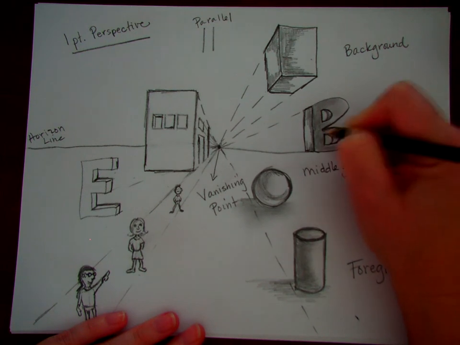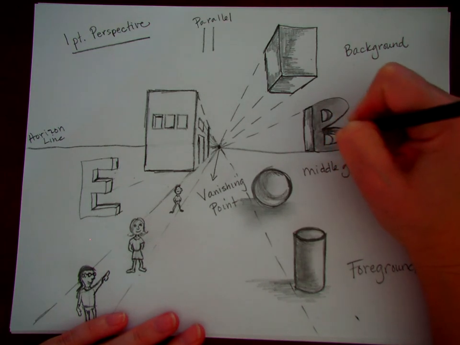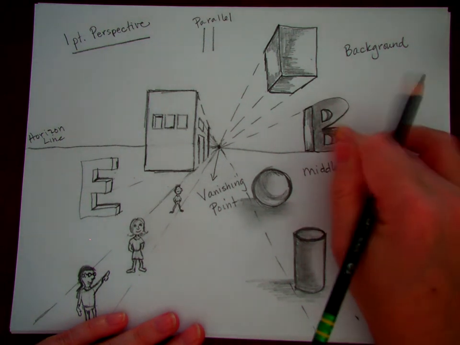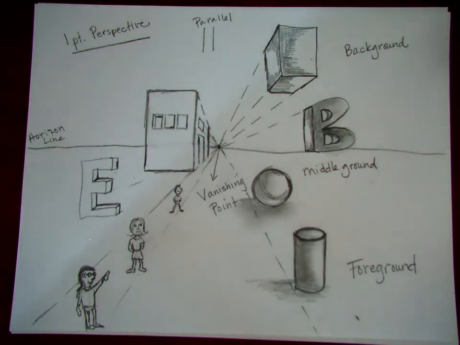Okay, for advanced students, if you want to draw something more challenging, then of course feel free to do so. I think in terms of a 2-point perspective drawing, that will be something a little bit more challenging. Let's see if I have the example drawing here.